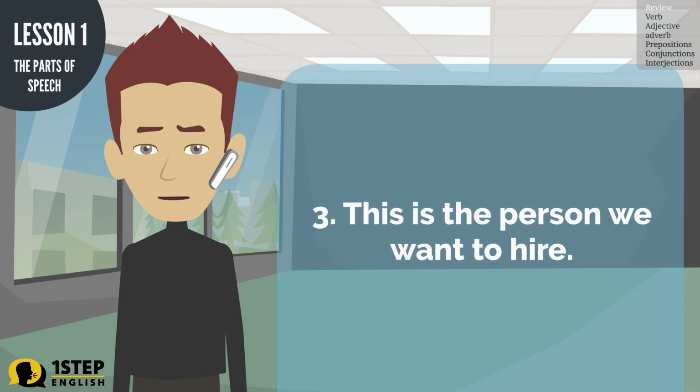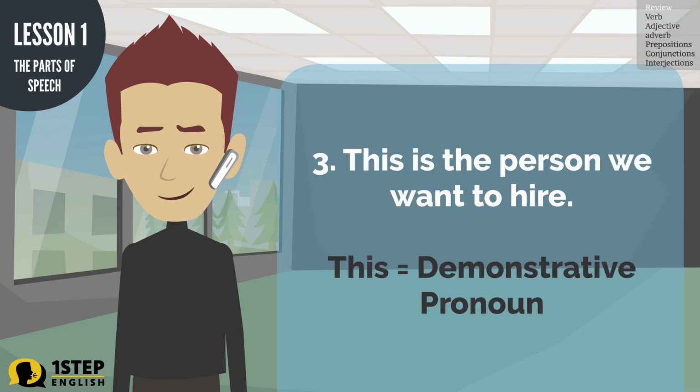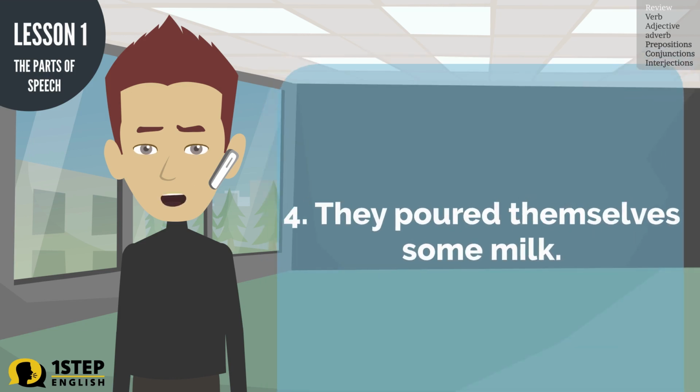3. This is the person we want to hire. The answer is this. We label it as demonstrative pronoun. 4. They poured themselves some milk.